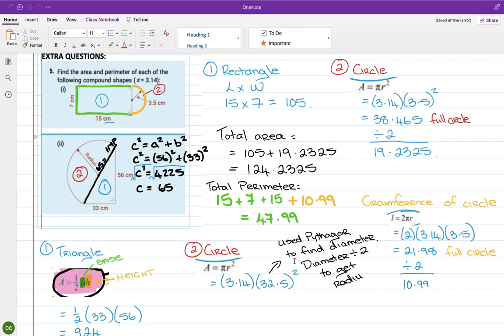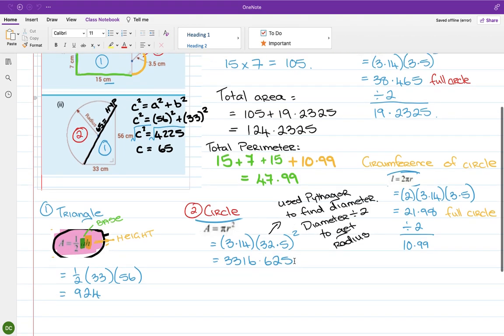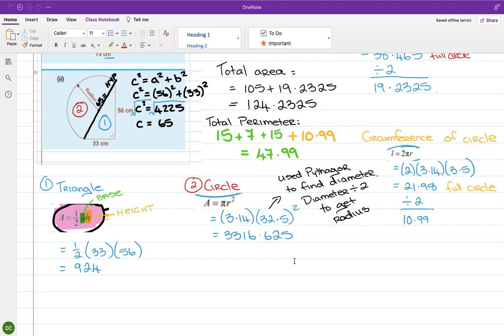And that's where that number came from. Okay, so then we can just type this in, 3.14 multiplied by 32.5 squared, and I'm getting 3316.625. And then to get the total area of the shape, we just add them up.